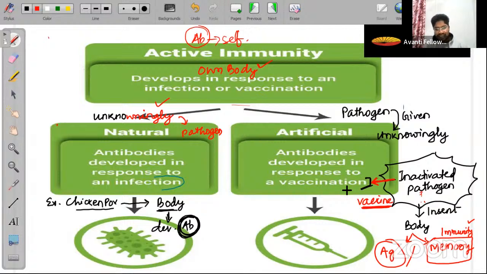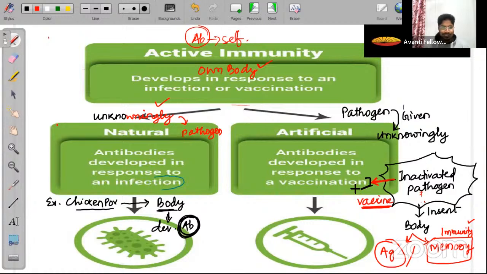When for the second time the infection happens, or when the real pathogen tries to enter our body, at that time our body has some memory against that pathogen. Now that memory can be used to weaken or kill that pathogen.